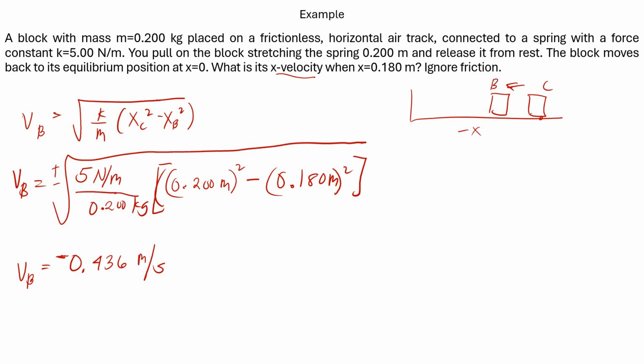So the final answer will be negative. That is the reasoning behind this negative. Where did we get that negative? Again, it's from the positive and negative of the square root.